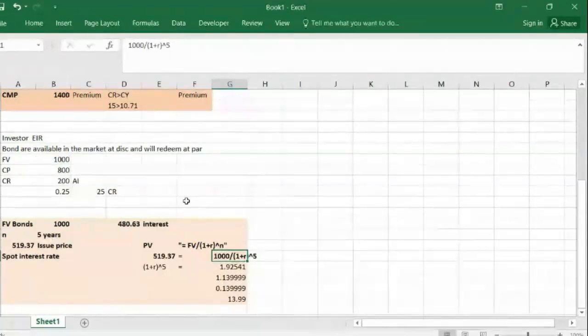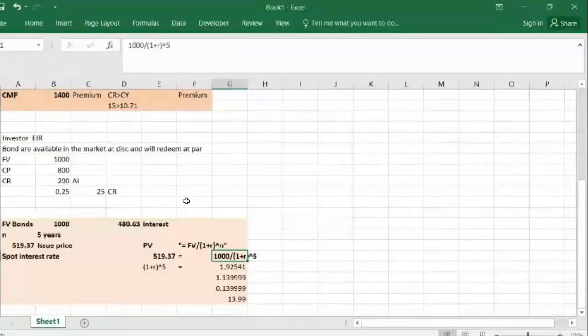What I need to calculate is only the interest rate, r. So for maturity, we can take this as the base for the calculation, with r to the power n.